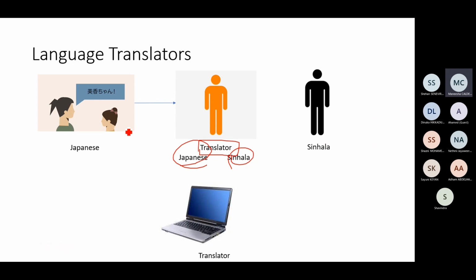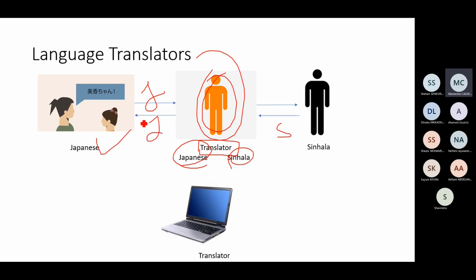The Japanese guy says everything in Japanese, and the translator translates it into Sinhala. And if the Sinhala person needs something, they ask the translator to translate it into Japanese, so the Japanese person can understand. This is the whole story of translation. It's just language translation.